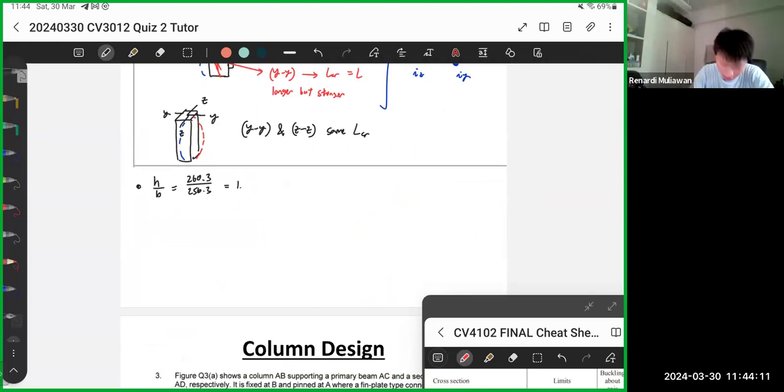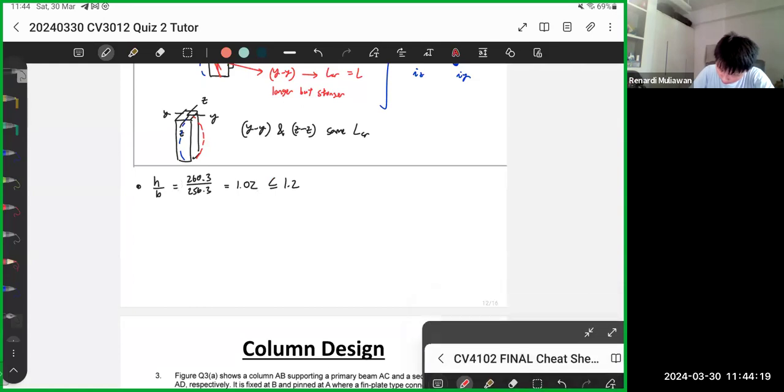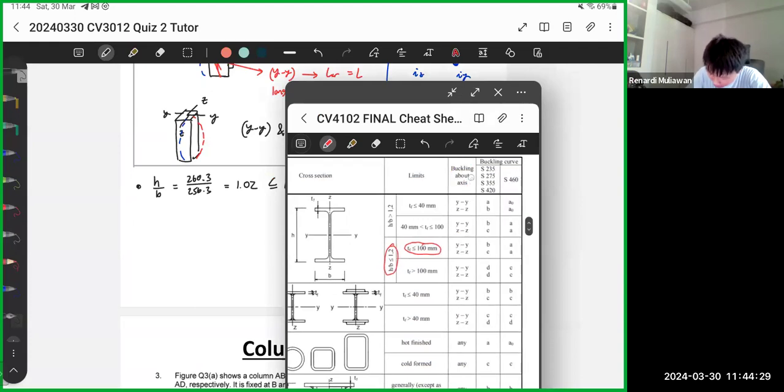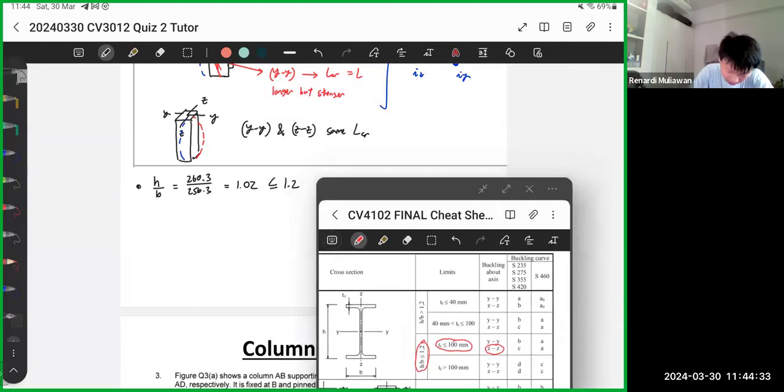It's 1.01, 1.02. So this one is definitely less than 1.2. So for a rolled section, H over B is less than 1.2, TF is less than 100, and it's buckling about the ZZ axis. Let me write it down.